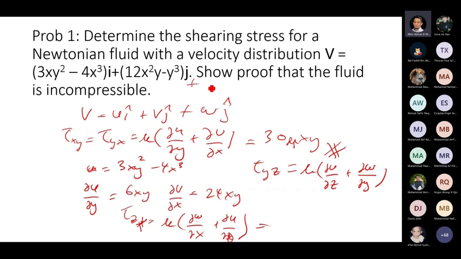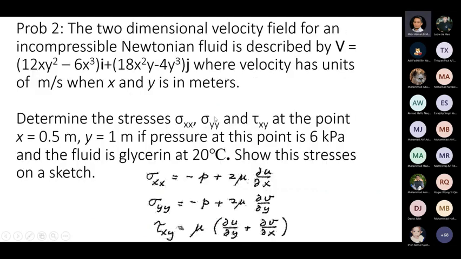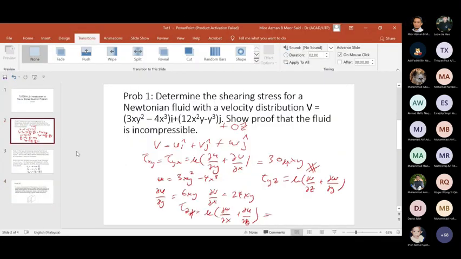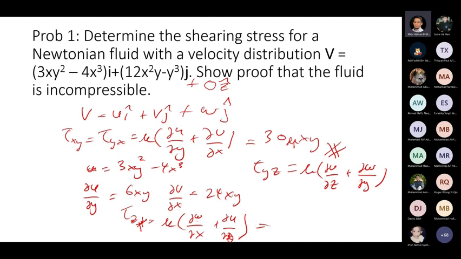Because the velocity w here is 0, w is 0, so the derivative with respect to x will be 0 as well.